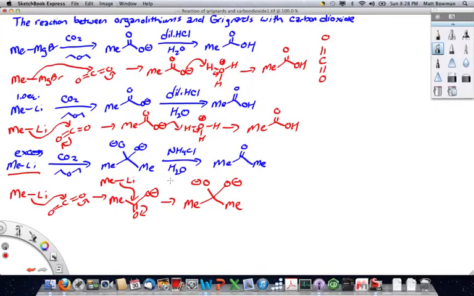In this case, we can add a mild acid source, since this is a strong base. The first thing that the acid source does is go through and find any remaining methyl lithium and protonate that. And then once all the methyl lithium is gone, and only then, will you start to protonate these O minuses.